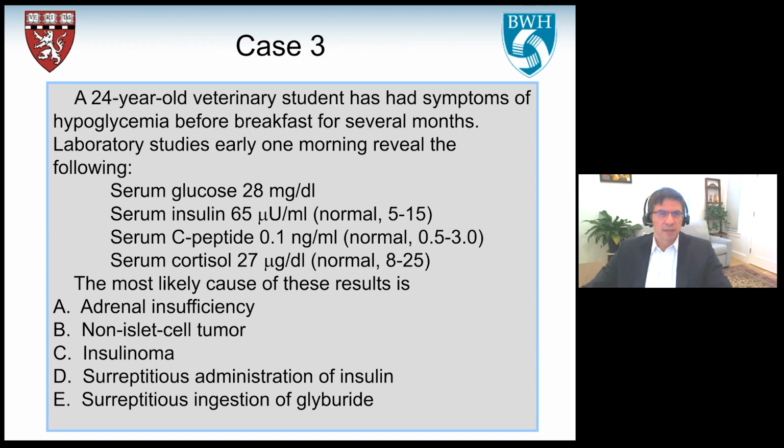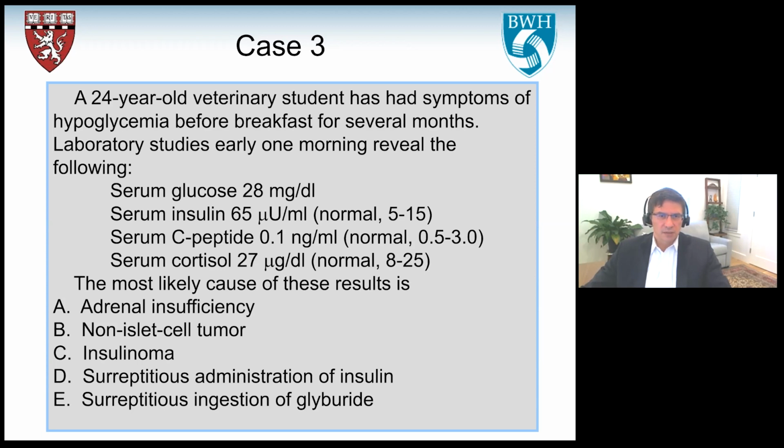Case 3. A 24-year-old veterinary student has had symptoms of hypoglycemia before breakfast for several months. Laboratory studies early one morning revealed the following: serum glucose of 28 milligrams per deciliter, serum insulin of 65 microunits per mL, with the upper limit of normal being 15, serum C-peptide of 0.1 nanograms per mL, with the lower limit of normal being 0.5, and serum cortisol of 27 micrograms per deciliter, with the upper limit of normal being 25.